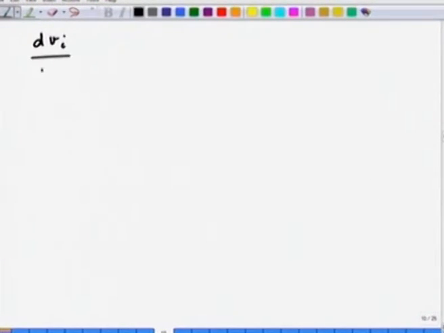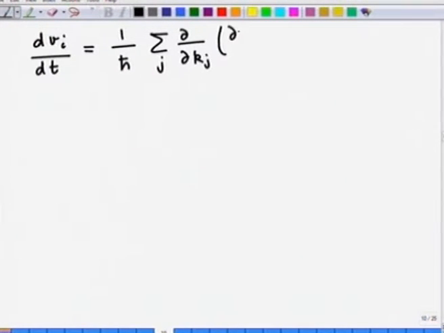So what do we do? Same way, we will write this as 1 over h bar, and since we want to take the total derivative, we are going to write this as a summation over j of del by del K_j of this quantity del E by del K_i.